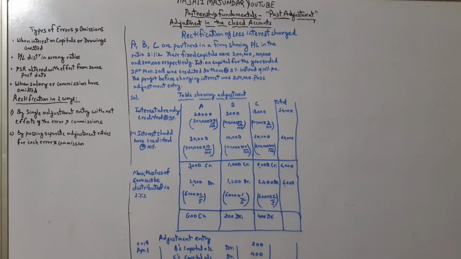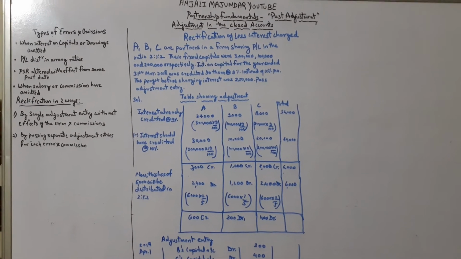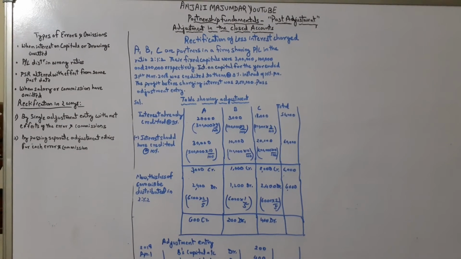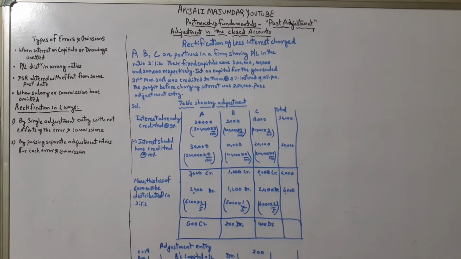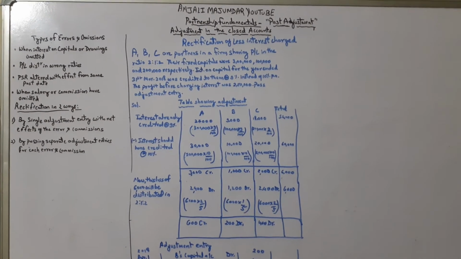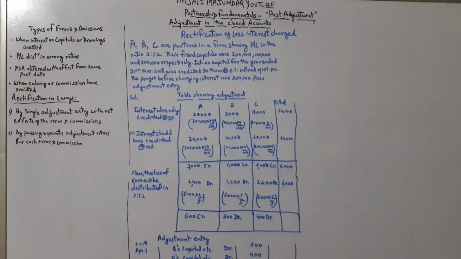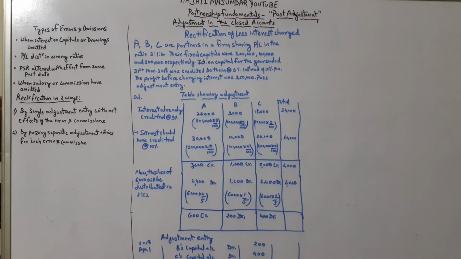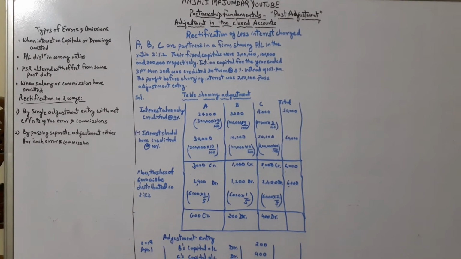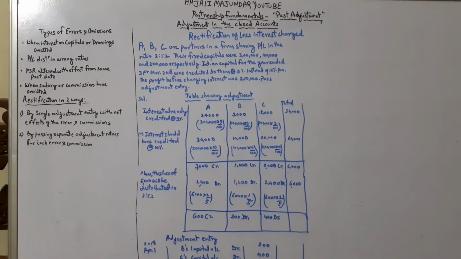The difference of 1,200 minus 1,000 is 200, where 1,200 is the heavier balance, therefore it shows a debit balance of 200. For C, 2,000 is credited and the loss is 2,400. Here again the debit is greater, so the balance is written against debit as 400.